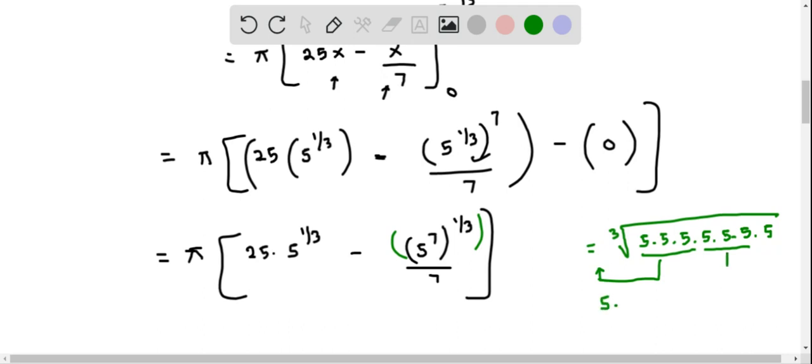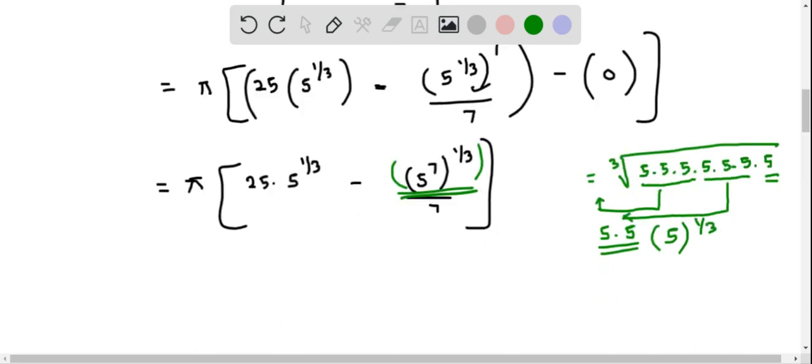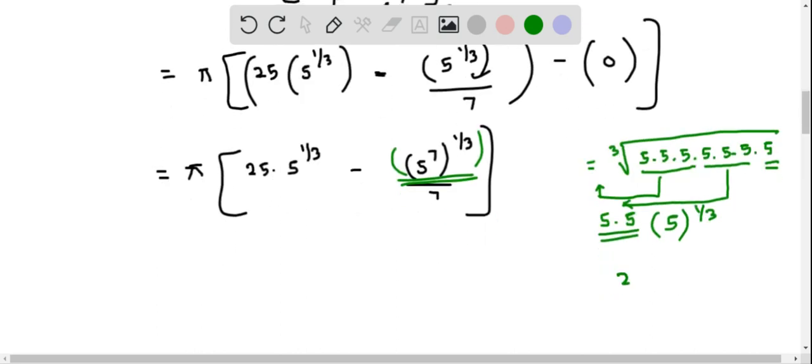And here also we have another triple of 5, so we take this, so we already have 5, and then this one is left, which I can write as 5 raised to the power of 1 by 3. And so this becomes 5 times 5 is 25 times 5 power 1 by 3. So we have simplified this as 25 times 5 power 1 by 3.